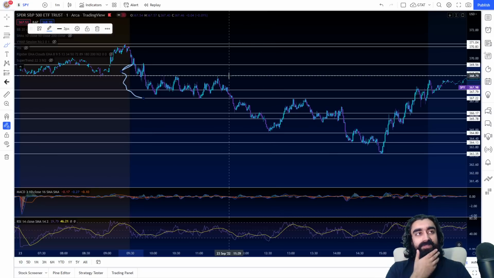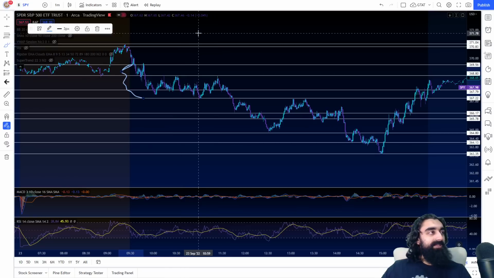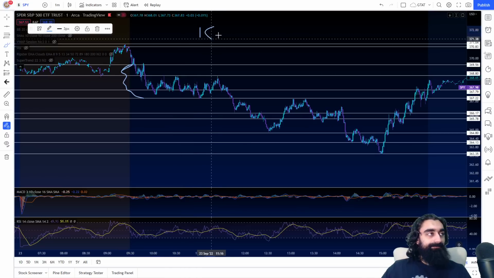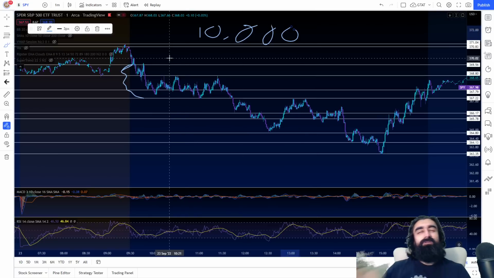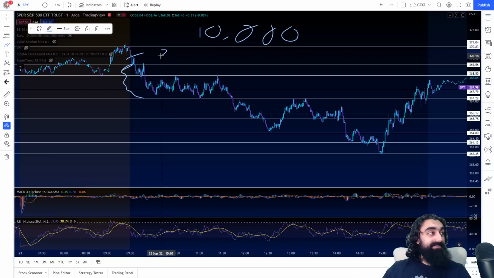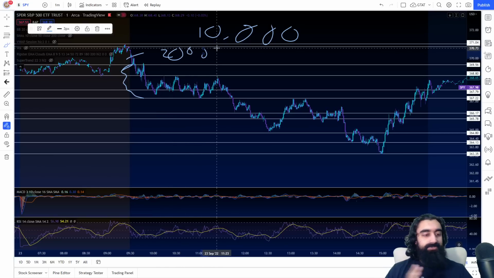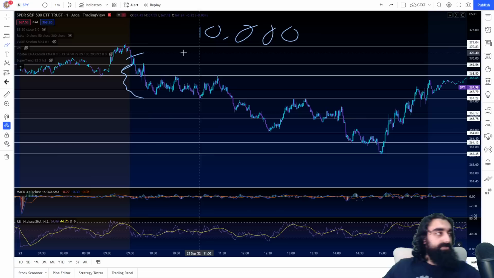So for example, we could just say you had a $10,000 account, right? What ended up happening is right at the beginning, people threw $2,000 into this trade, which you're not supposed to do. Ideally, since this is the first buy, very, very risky, I wanted it to fall lower so we could get a higher average.